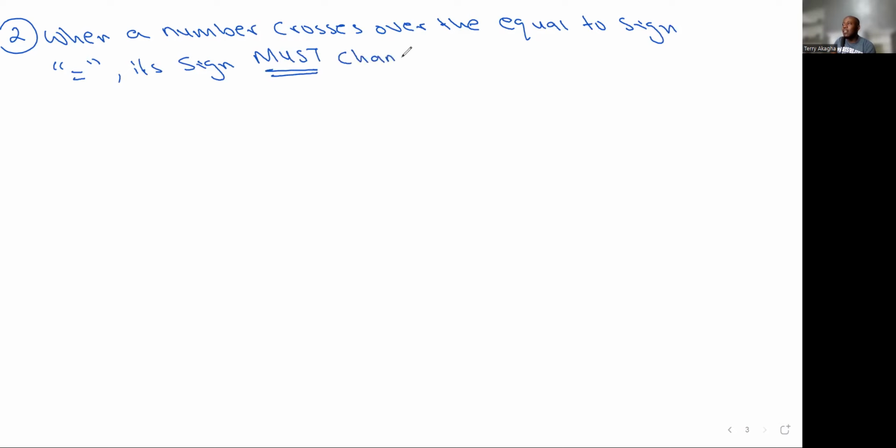Does that make sense? That means if it is positive, it moves to negative, it becomes negative. Or if it was negative, it's going to become positive, all right? Or if it's negative, it becomes what? It becomes positive.